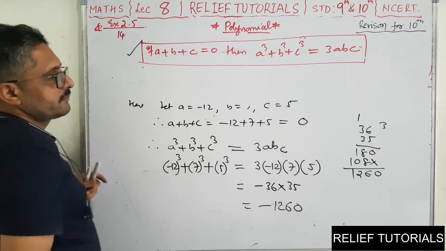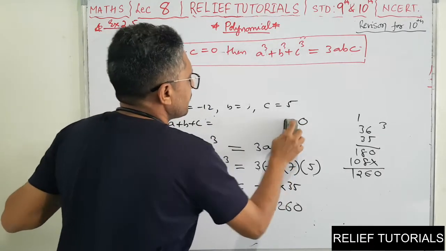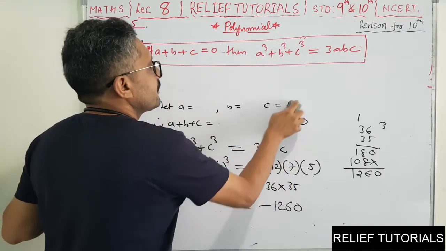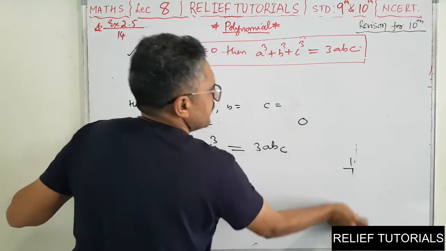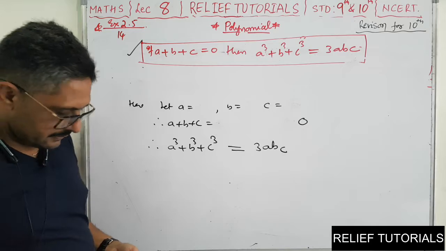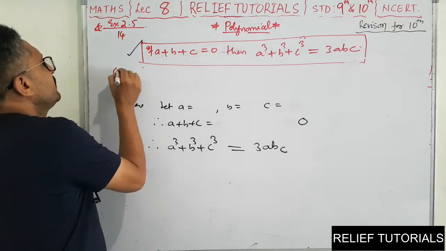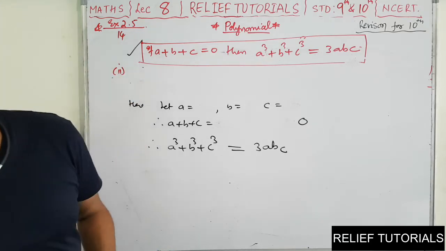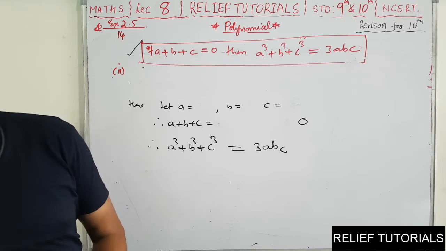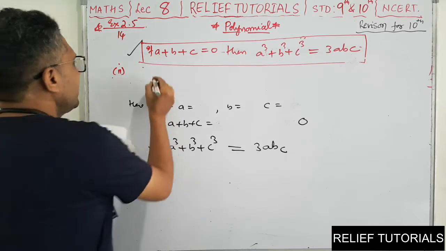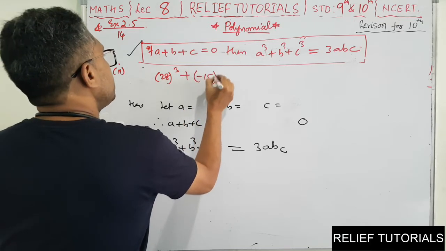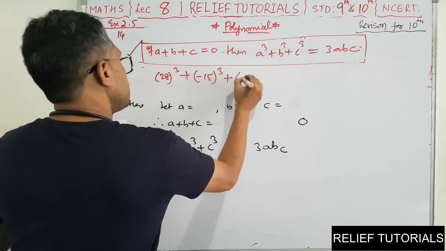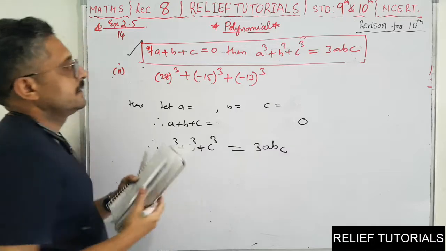Now, question number 2. See, question number 2: 28 cube plus minus 15 cube plus minus 13 cube.